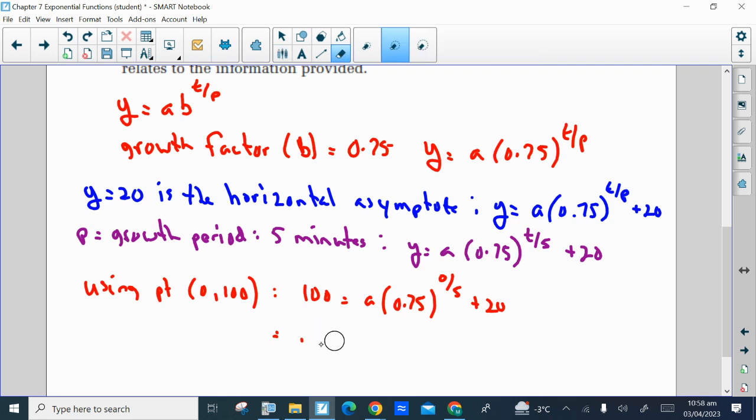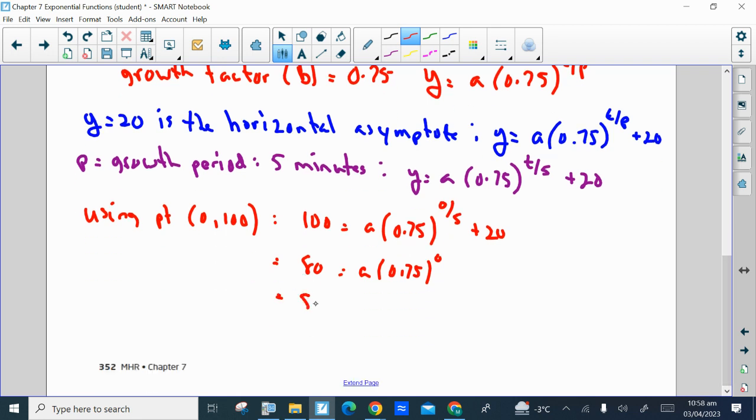Well, actually, let's subtract the 20 from both sides. So that'll give us 80 equals a times 0.75 to the power 0, because 0 divided by 5 is 0. And anything to the power 0 is 1.